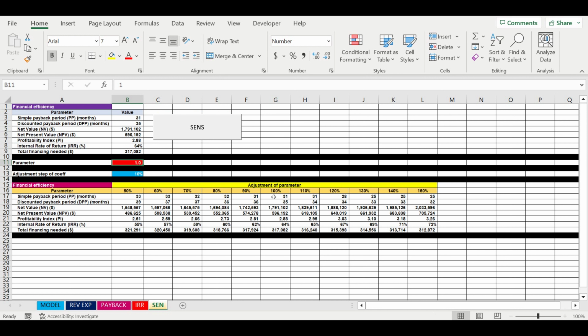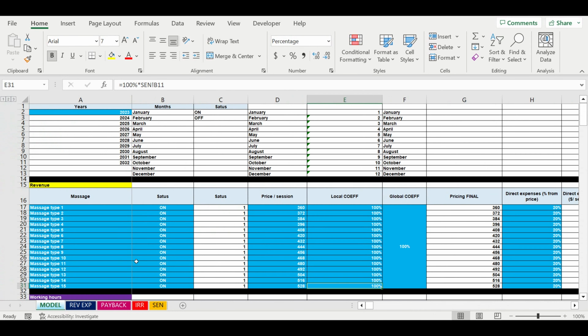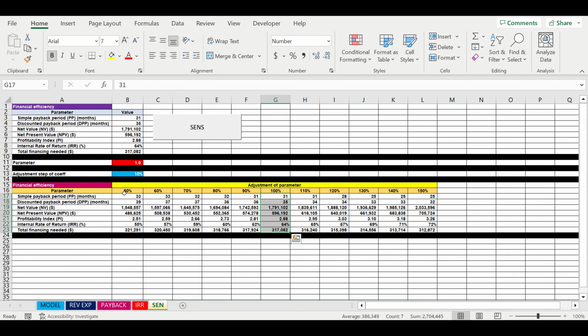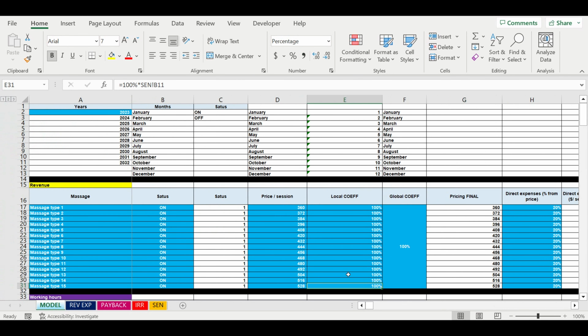So here we can see that if the price for massage type number 15 decreases by 50%, this will be the simple discounted payback period. And this will be the amount of financing that we will need to start the business. We can also, for example, increase the step of changing the parameter.